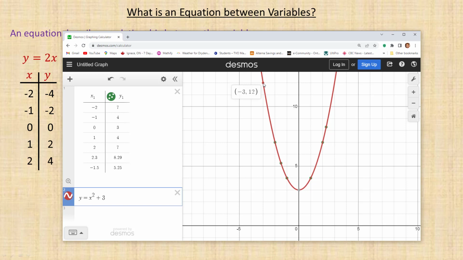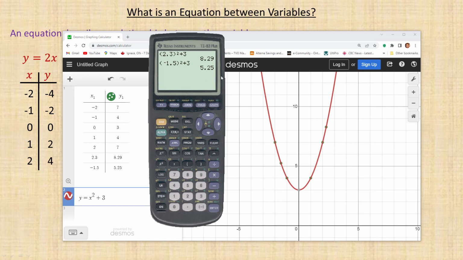Maybe you made an adding error. If we go back to the calculator and put negative 3 in place of x and evaluate, 3 squared is 9, plus 3 is going to give you 12. So the point negative 3, 13 doesn't satisfy the equation, because the y value should be 12 if we put negative 3 in place of x.